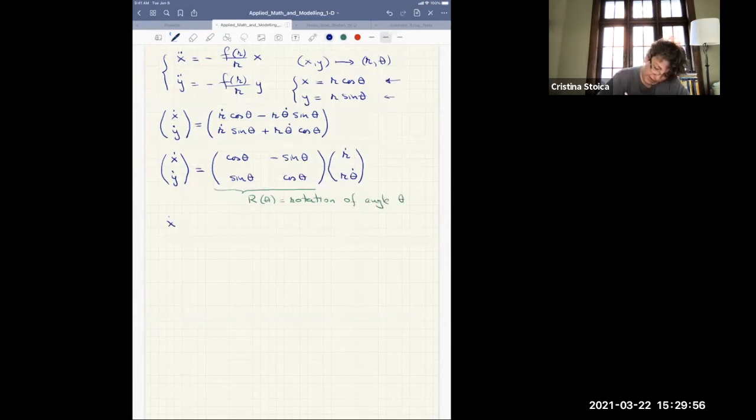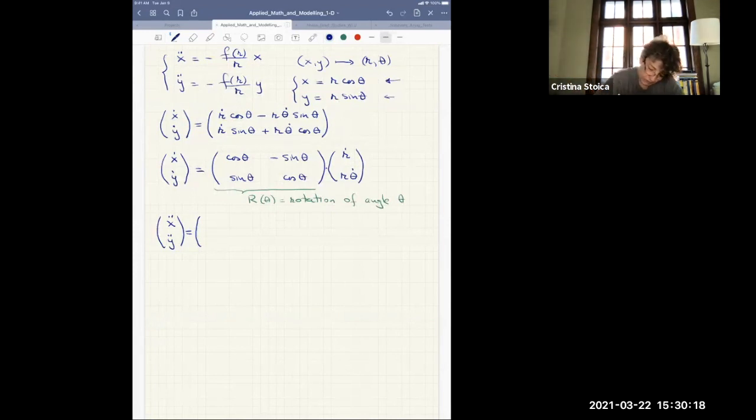Now let's do x two dots and y two dots. I'll need more space now. This is a product, so it's the product rule. First I'll take the derivative of that matrix, which consists of taking the derivative of each term, and not forgetting to put the theta dot at the end.